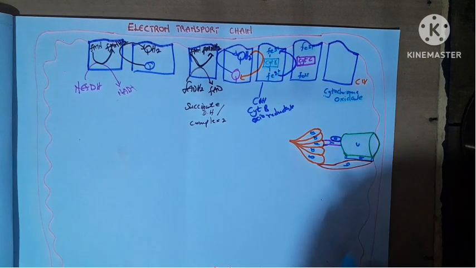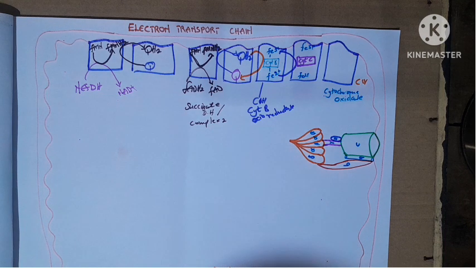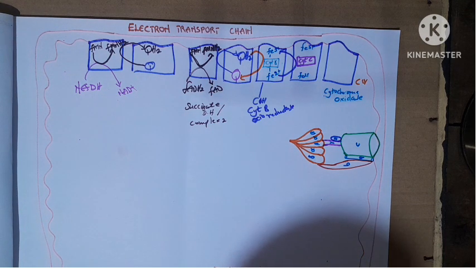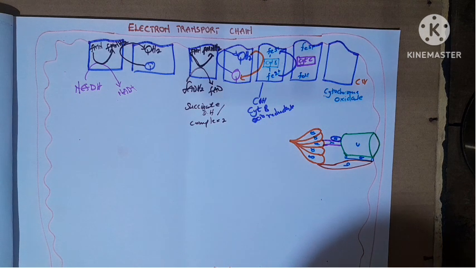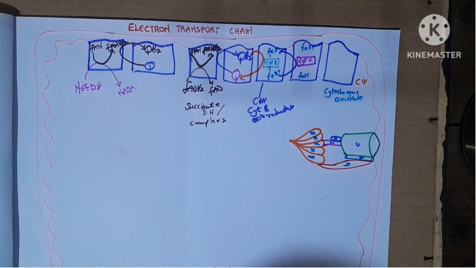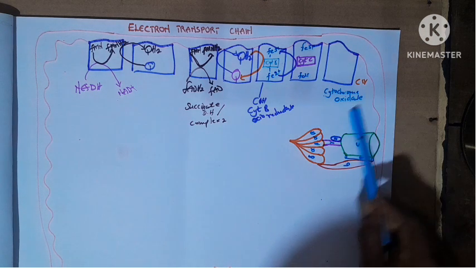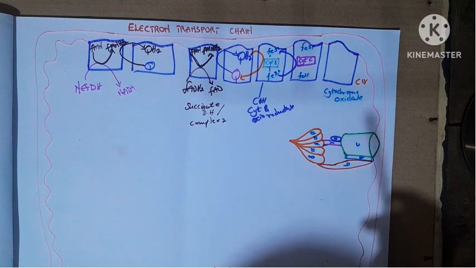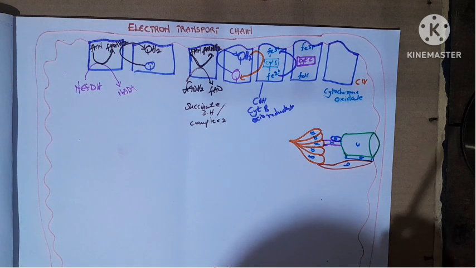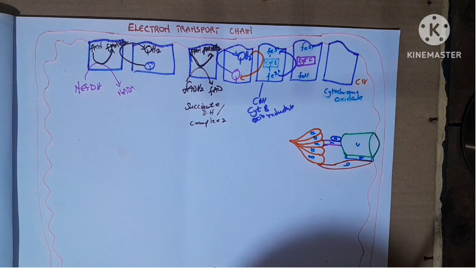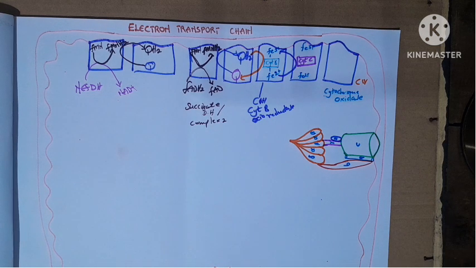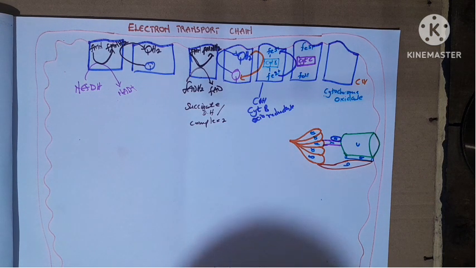This cytochrome oxidase consists of cytochrome A and then cytochrome A3.